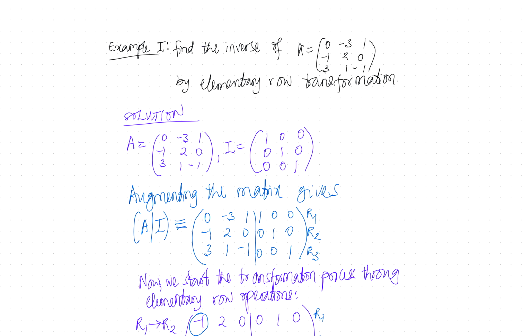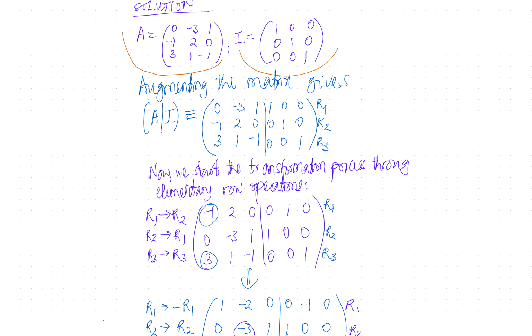Since the matrix A is 3 by 3, the corresponding unit matrix is also 3 by 3. So augmenting the matrix gives A line I, and you have the matrix A and the unit matrix I, with row 1, row 2, and row 3 like that.